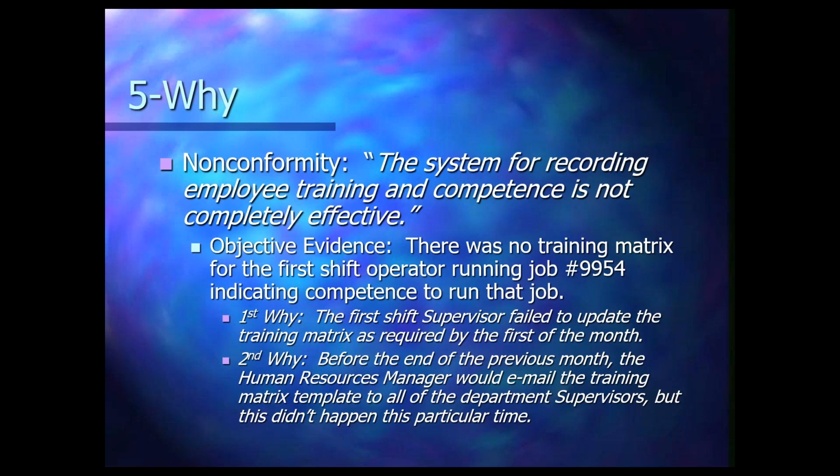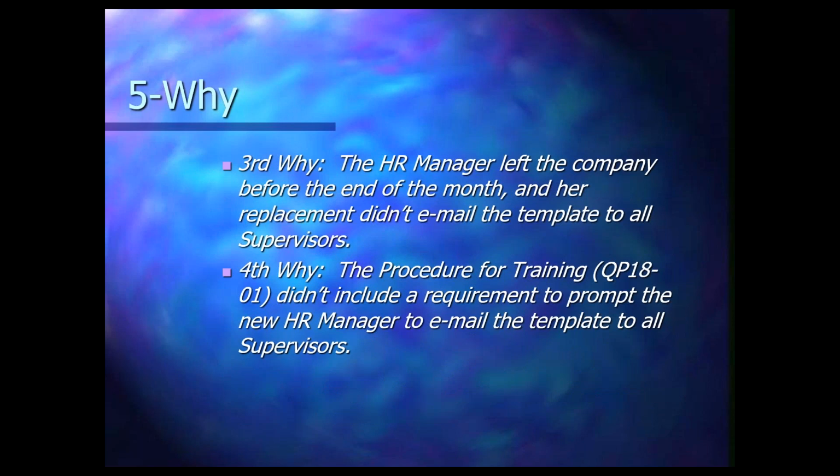Before the end of the prior month, the HR manager would email the training matrix template to all of the department supervisors, but that didn't happen this particular time. Why was that? The HR manager left the company before the end of the month. Her replacement didn't email the template to the supervisors. Why was that? The procedure for training didn't include a requirement to prompt the new HR manager to email the template to the supervisors.